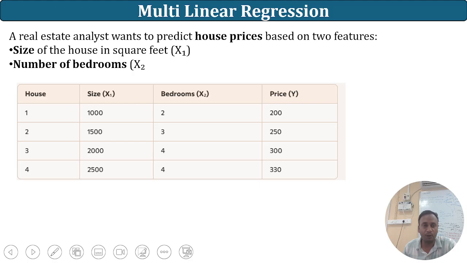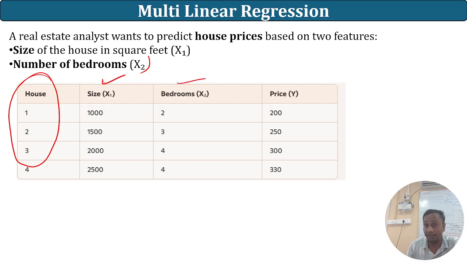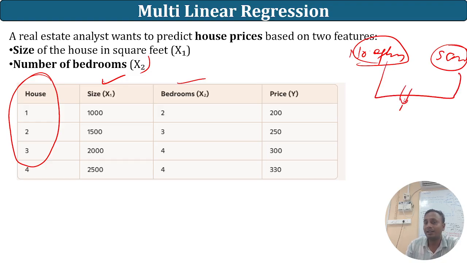So can we solve some problem? I'll not go into much detail, but I'll tell you the steps of how we can do it. Shall I go ahead? Earlier, what we had was the number of hours they studied and the score they got, so it was a simple linear regression.